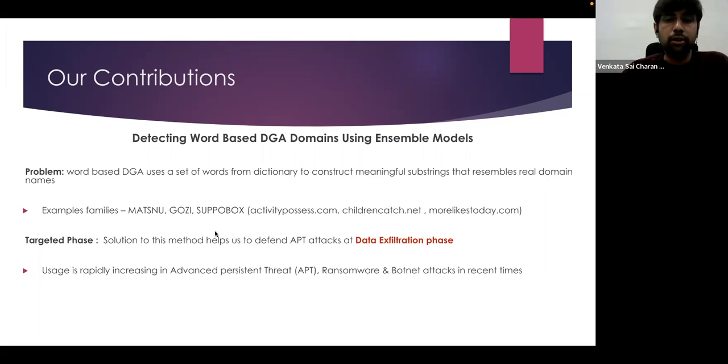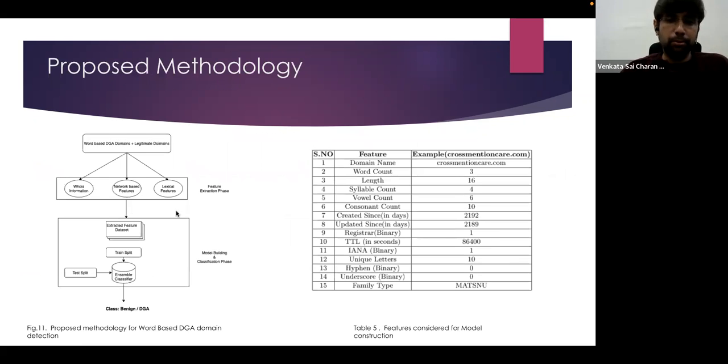I have worked on these word-based domain generation algorithms, and we mainly concentrated on the Matsnu, Gozi, and Suppobox families. This is the broad idea, and this is the list of features we covered. We took around 15 network-based and lexical features from various repositories, collected malicious domains from other standard repositories, and collected genuine domains from Alexa.